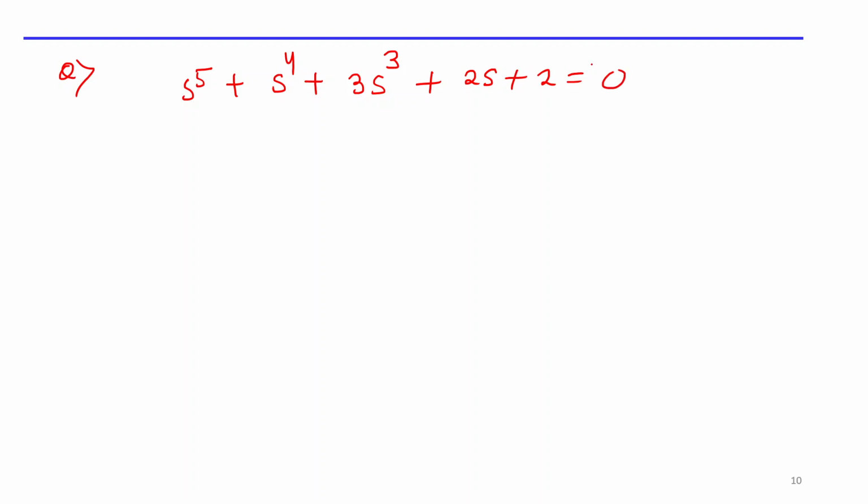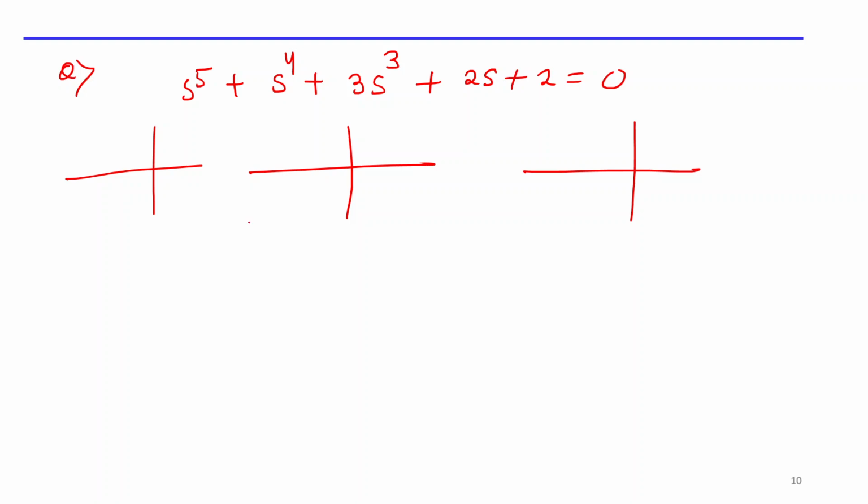Let's say it is a GATE examination or any competitive examination. There are four diagrams in front of you showing pole locations. There are five poles in the characteristic equation, arranged in the S plane, and you have to choose one correct answer.